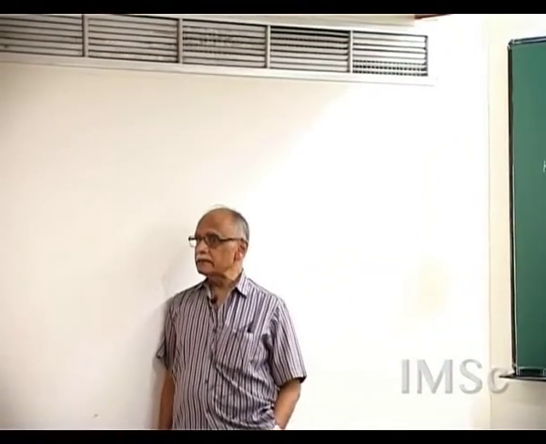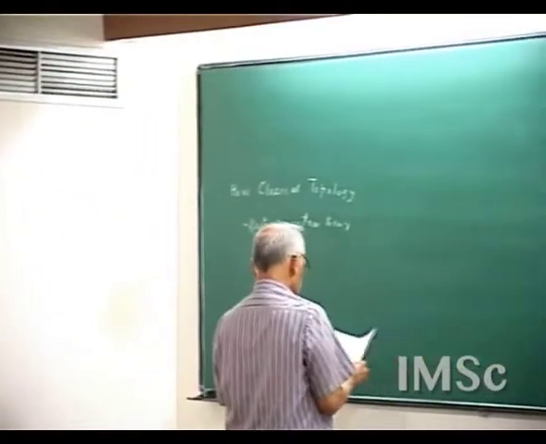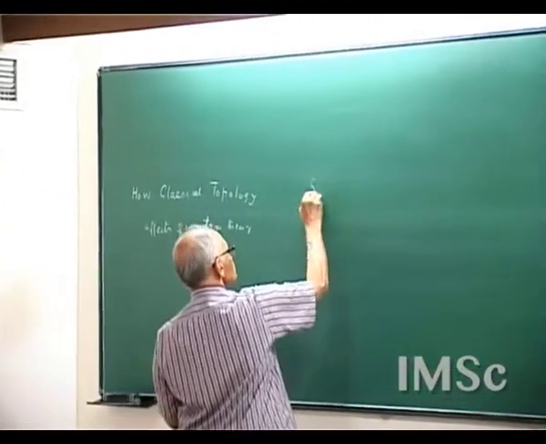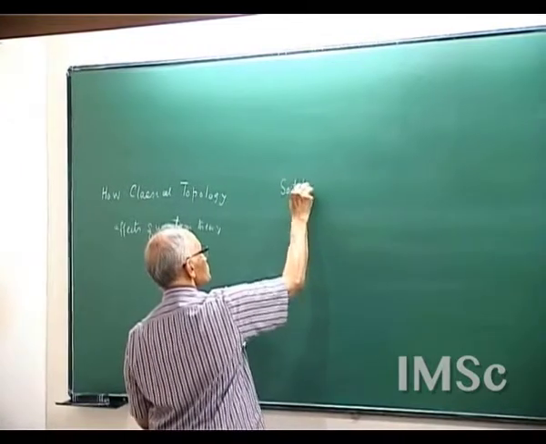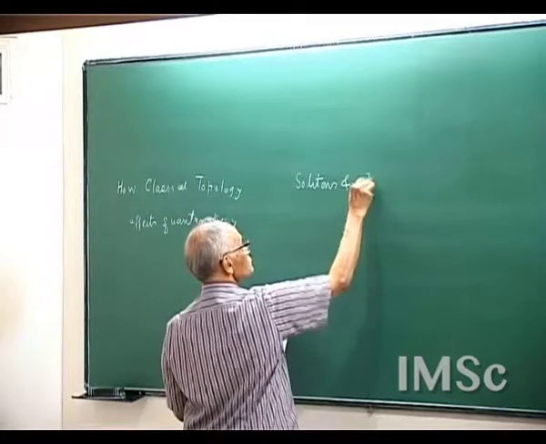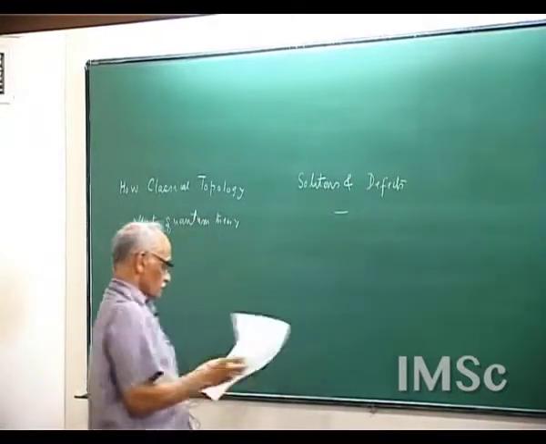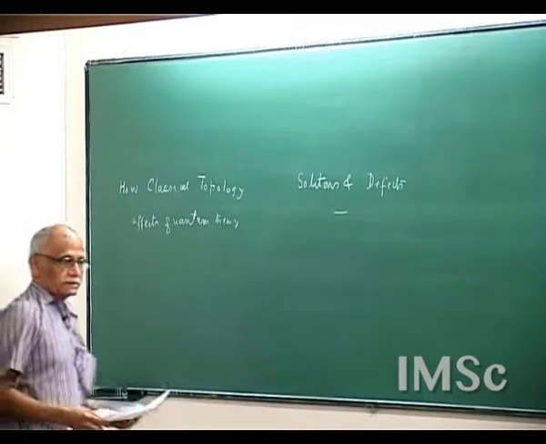Once this is done, some of you here, I think you were mentioning this, also wanted to know about questions of solitons and defects. So let me see, I had some notes on that also.